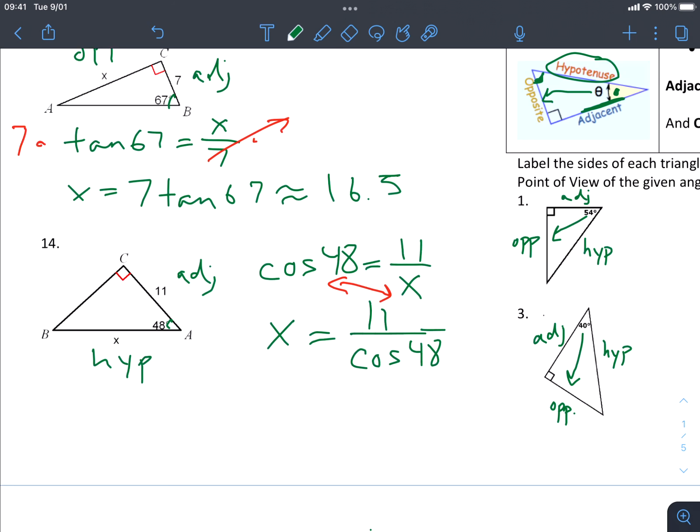So in this situation, we need to take 11 and divide it by the cosine of 48. Again, you can put that into your calculator: 11 divided by the cosine of 48, and x would roughly be 16.4.